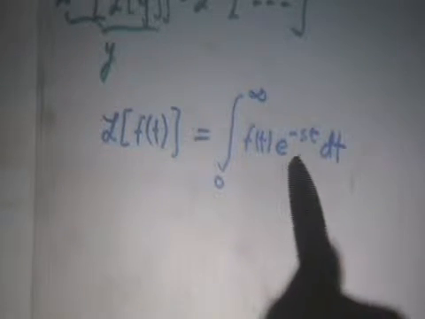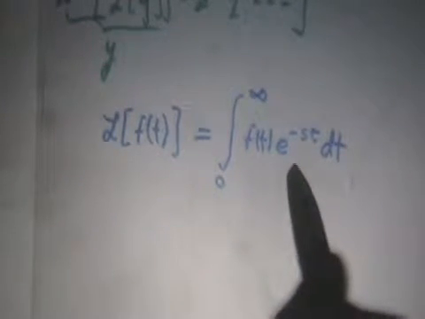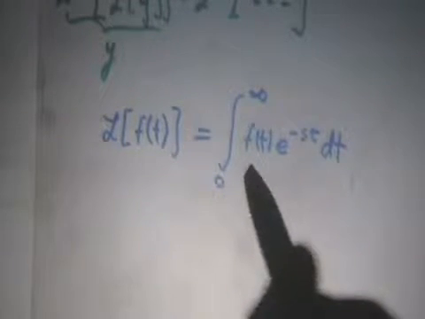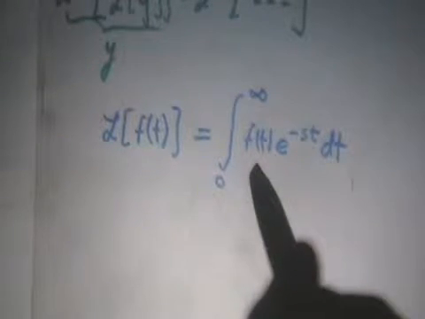And e to the negative st, if s is positive at least, is going to be a function that decays towards 0 pretty rapidly as t increases. So that's looking good. The fact that you have this here means it's probably going to converge, but it does depend on how big, in a sense, f of t is, in terms of whether this improper integral is going to converge. Suffice it to say that it will quite often converge.